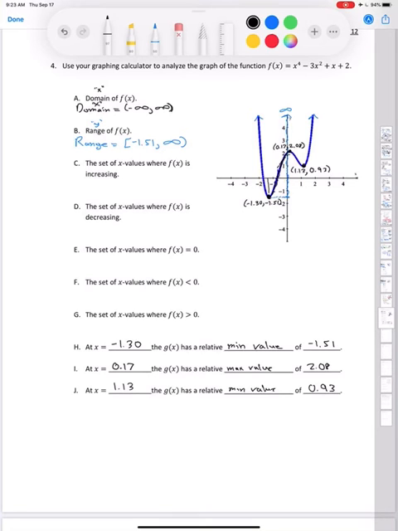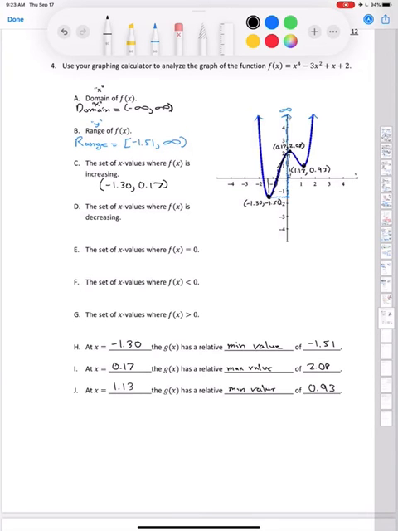What's this graph doing? It's going up. As x is increasing, the y values are increasing. So as we write in that interval, the set of x values, here's our increasing interval: all x values greater than negative 1.30 and less than 0.17.